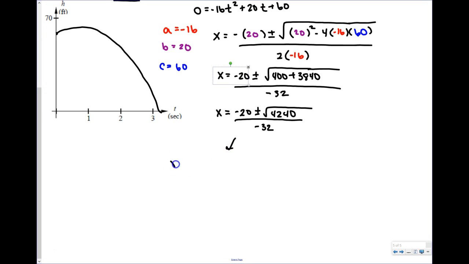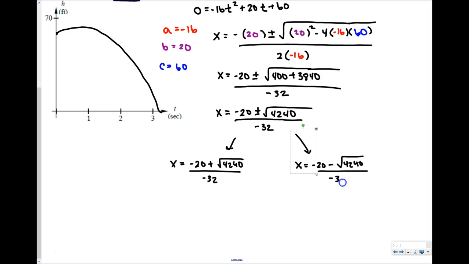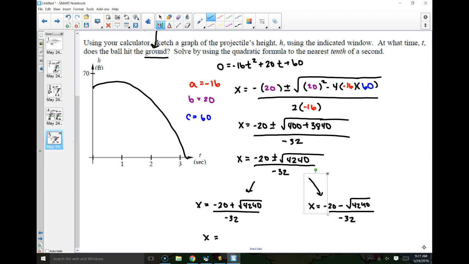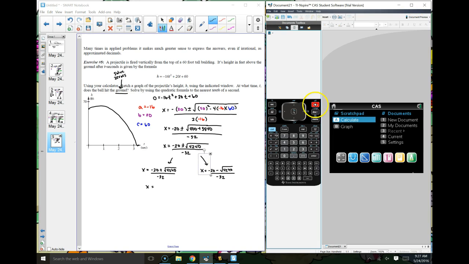I'm going to have the problem of x equals negative 20 plus the square root of 4240 over negative 32, and I have the problem of x equals negative 20 minus the square root of 4240 over negative 32. Okay. So we're going to plug these into the calculator and help us get a decimal approximation.